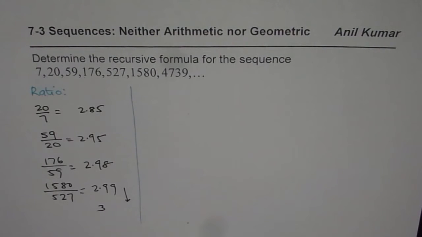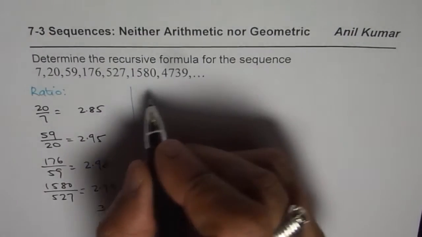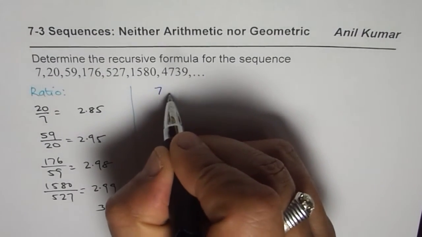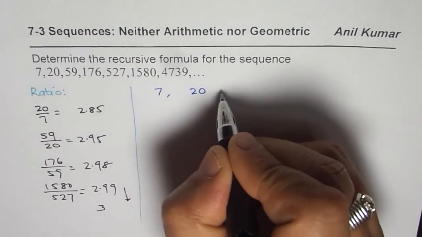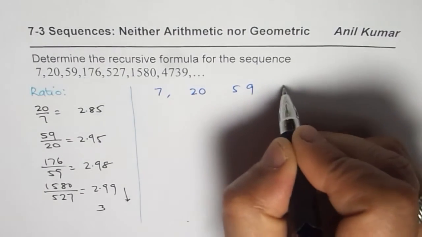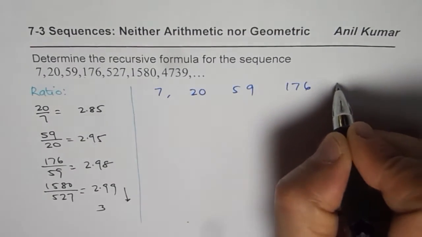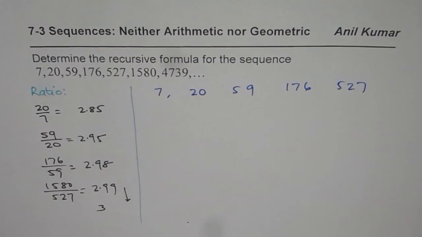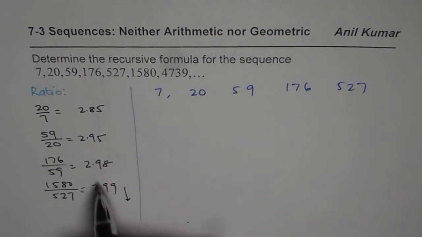Now we will again work on this series, and we will use times 3 to solve this question. So we have 7, 20, 59, 176, 527. Let's work with these numbers first. What we are saying is that the ratio is 3.